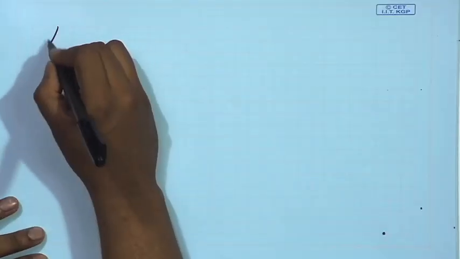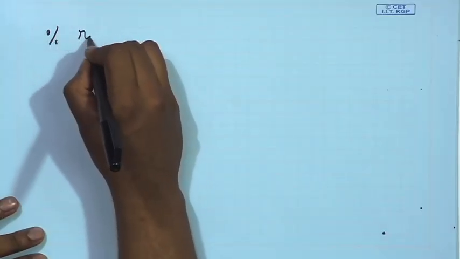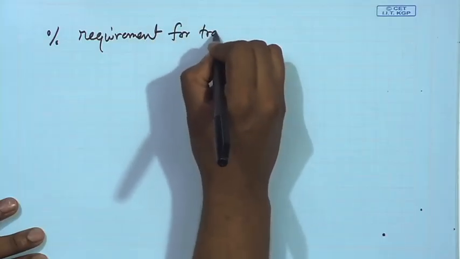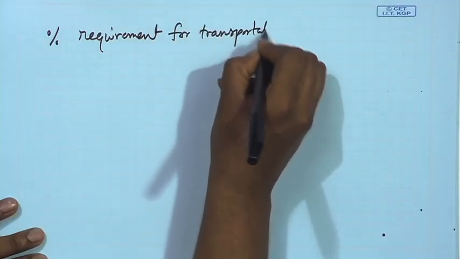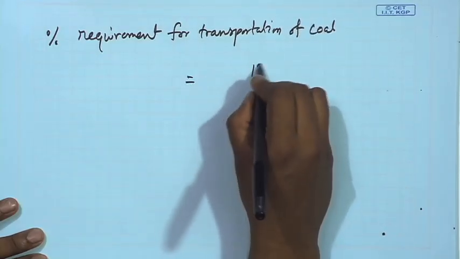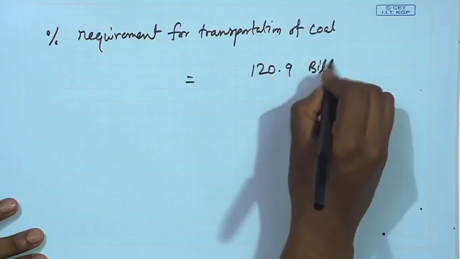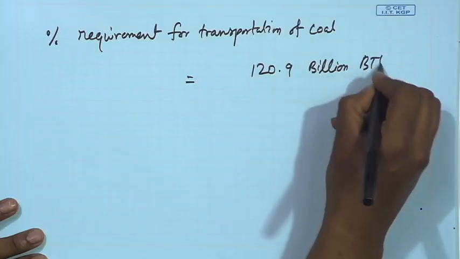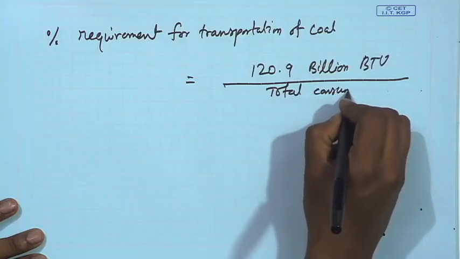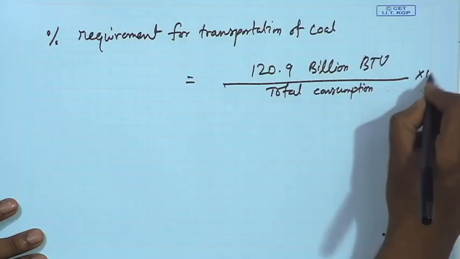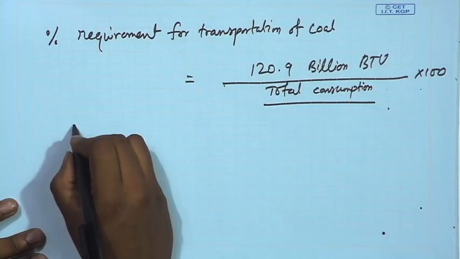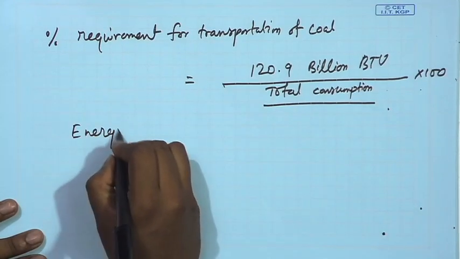So the percentage requirement for transportation of coal will be 120.9 billion BTU divided by our total consumption, times 100. For our total consumption, we need to calculate our energy consumption for generating electricity.